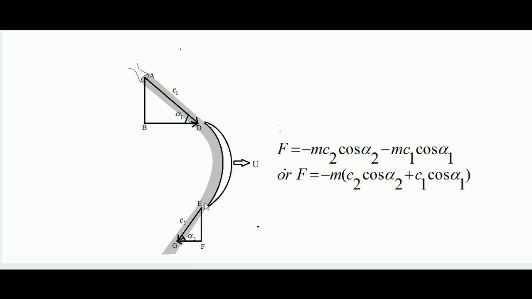Similarly, over the outlet, the final momentum of steam in the horizontal direction must be c2 cos alpha 2 into m, but negative. The reason for the negative is that vector FG is in the negative direction of x while vector BD is in the positive direction of x.